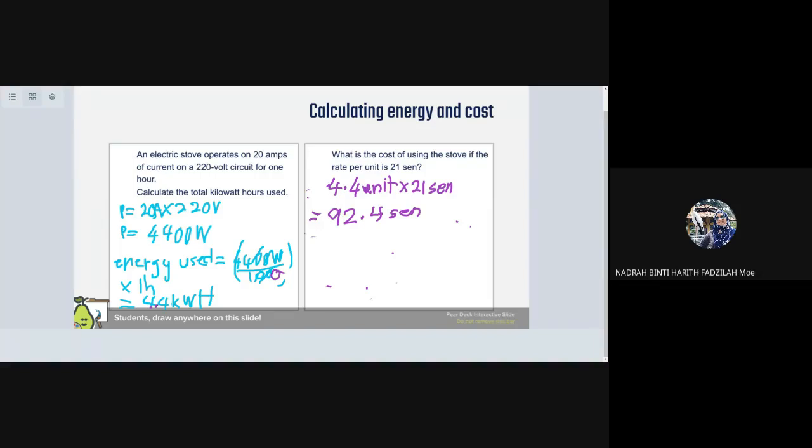So 4.4 is the answer on the left. Most of you memang dah sampai dah tahap tu. You know that the answer is 4,400 and then you have to divide by 1,000 and then you will get 4.4. So 4.4 times 21 cent is 92.4 cents.